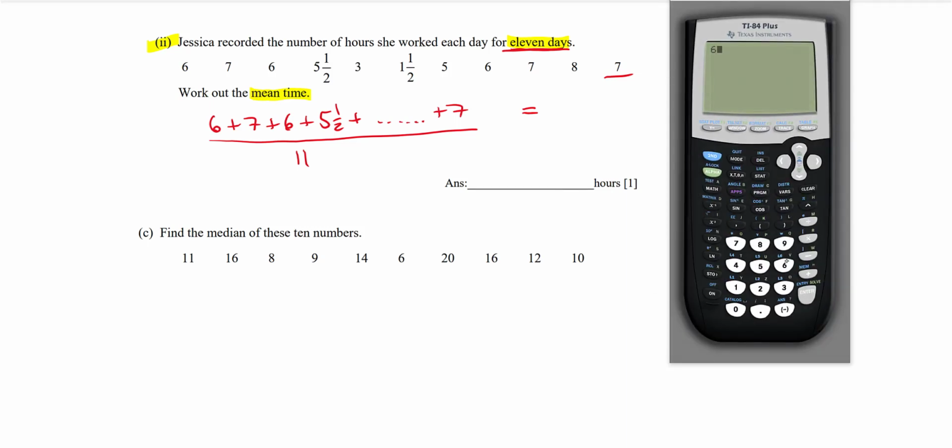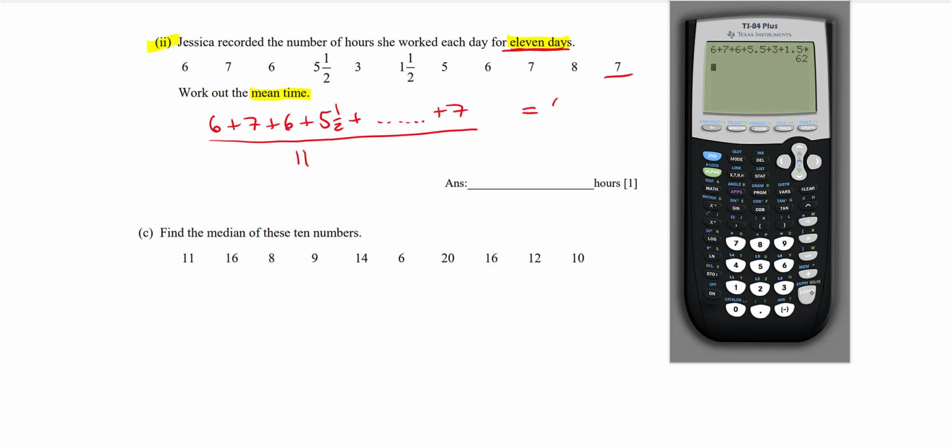So we'll have then 6 plus 7 plus 6 plus 5.5, and then plus 3 plus 1.5, and then plus 5 plus 6 plus 7 plus 8 plus 7. So you just need to be careful here, you get all the numbers, we don't miss any or do any twice. So we know that that equals 62.